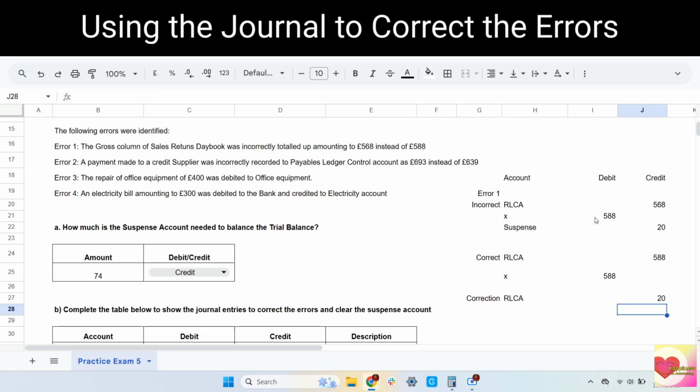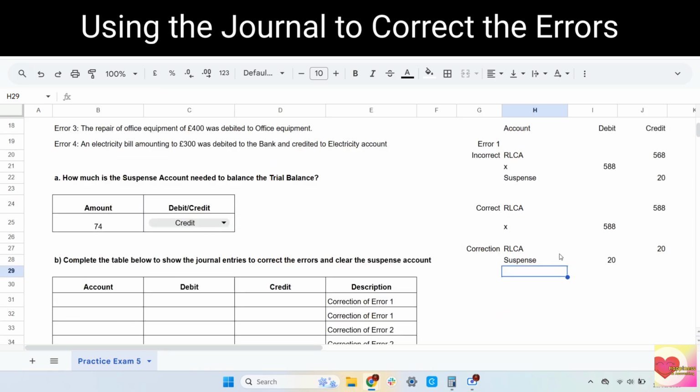Next is the debit entry, 588, which is correct, so we will not add it to our correction. The suspense amount, 20 in credit, should be cleared, so we should put 20 in debit. Now we can transfer this to our journal entries.